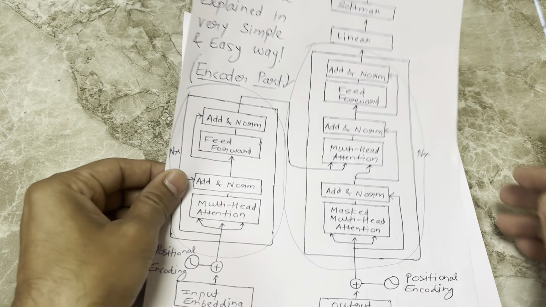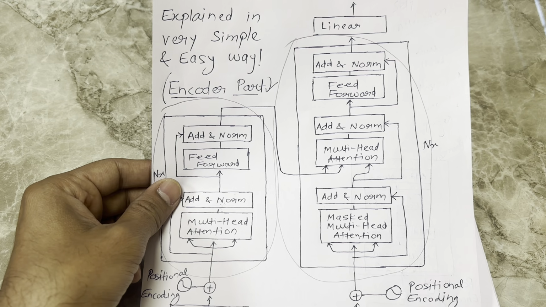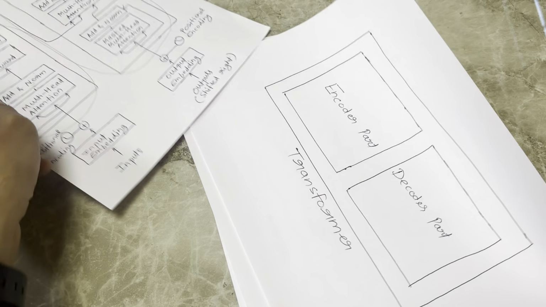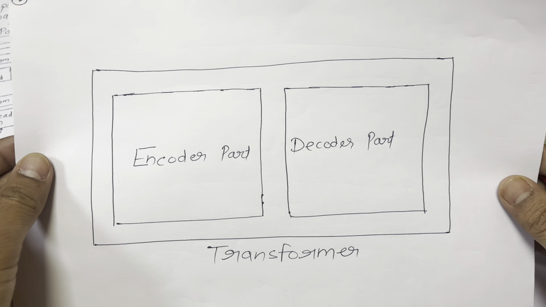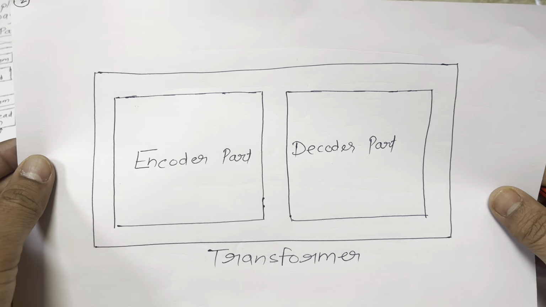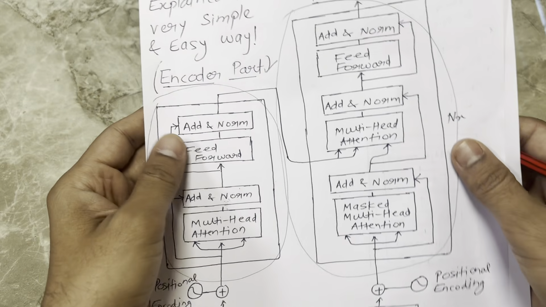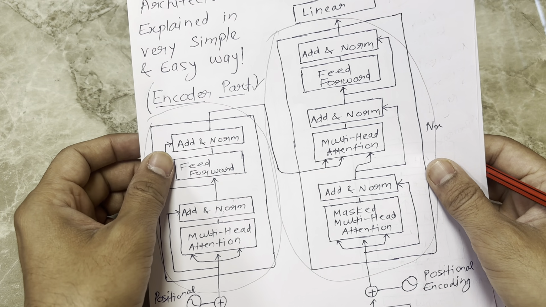So I can show you this particular diagram in a very simplified way like this. Whenever I say transformer architecture basically will have two blocks, encoder and decoder. So in a diagram which I shown it to you here, you can see this is the encoder part and this is the decoder part.